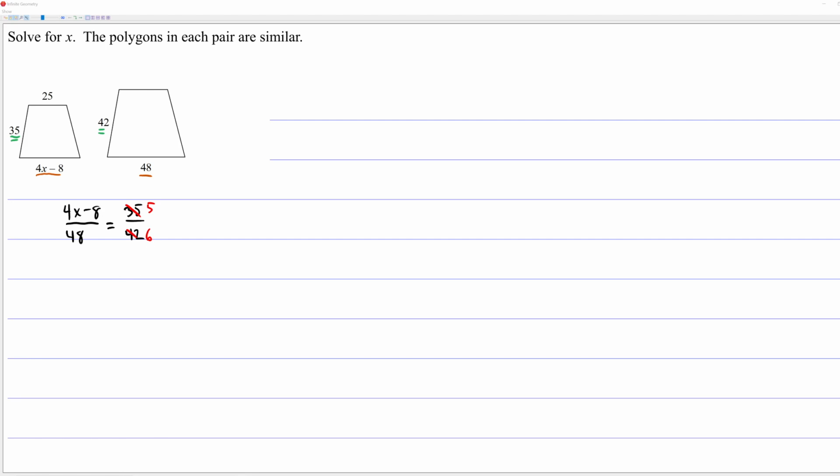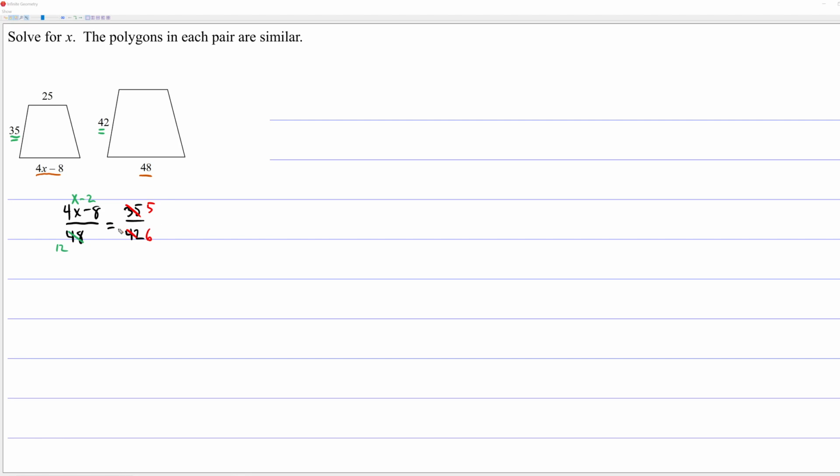And even on the left hand side, I can do a bit of simplification there as well, because in the top both 4 and 8 are multiples of 4, and 48 is a multiple of 4 as well. So 48 divided by 4 is 12, and then the top, if we divide out by a common factor of 4, we have x minus 2. So you don't have to do that, but as you see, if we didn't, the numbers that you'd have to work with would be quite a lot bigger.